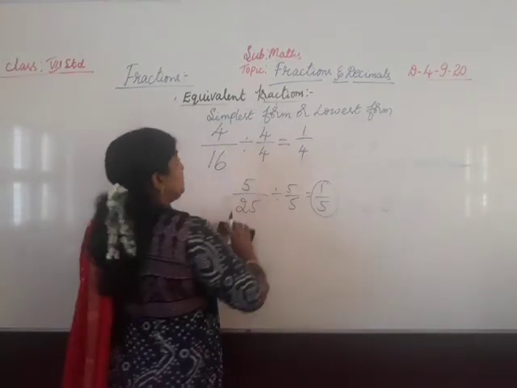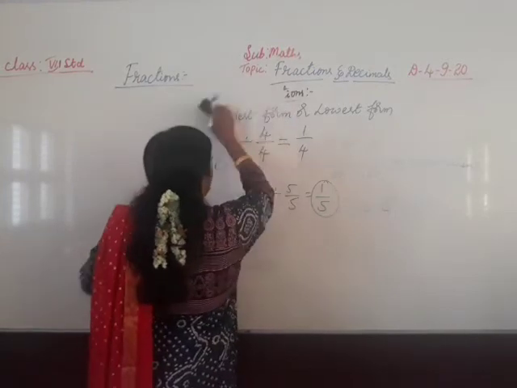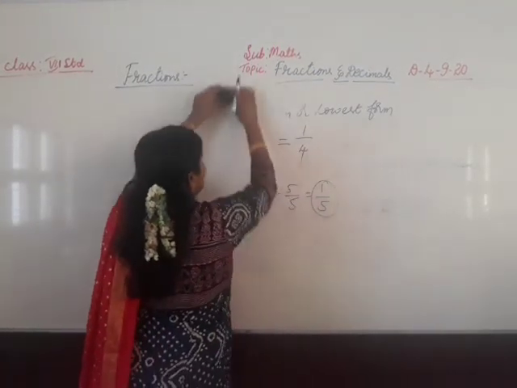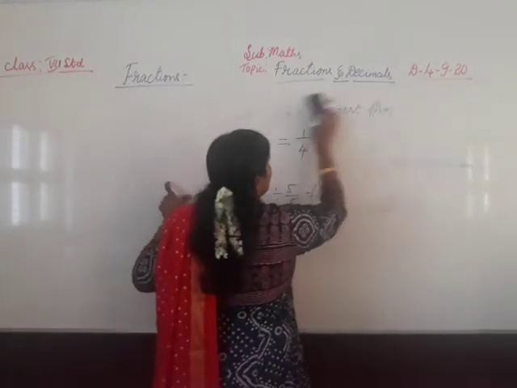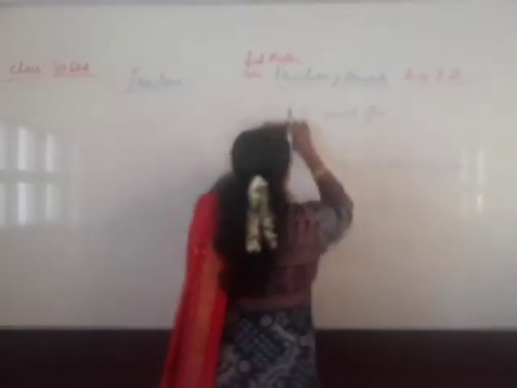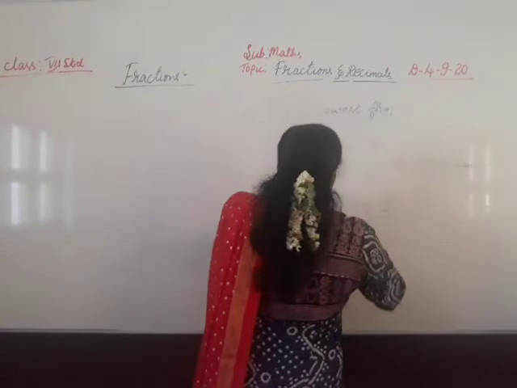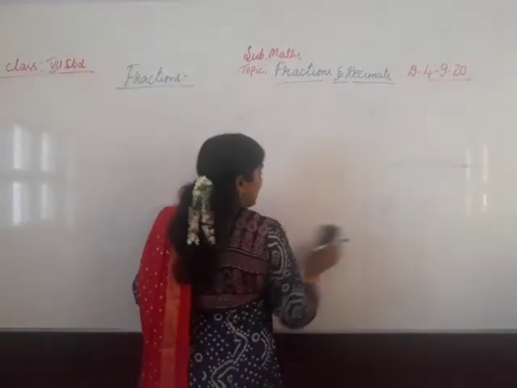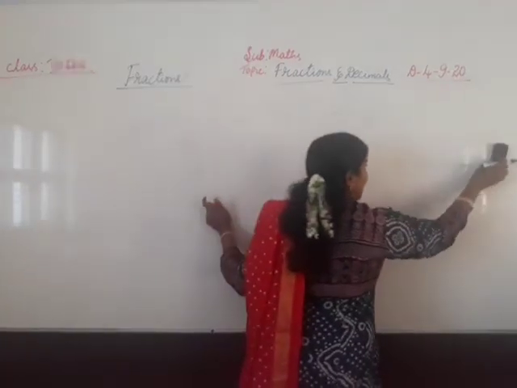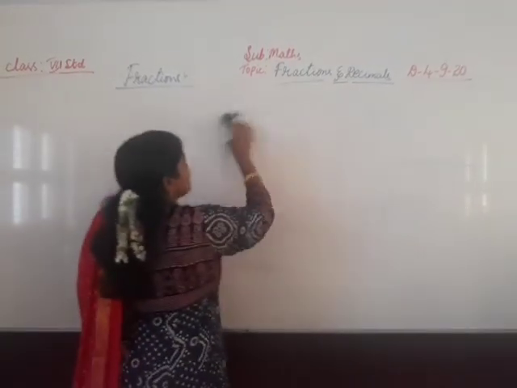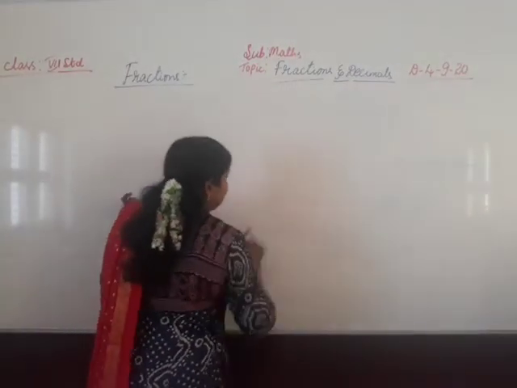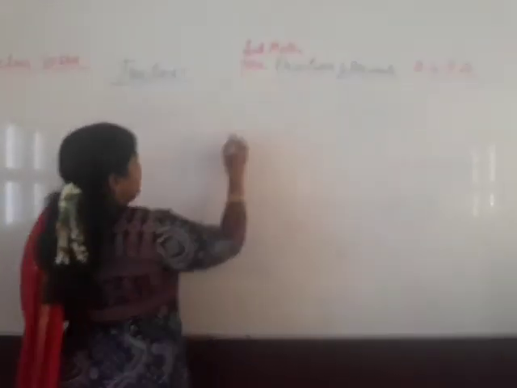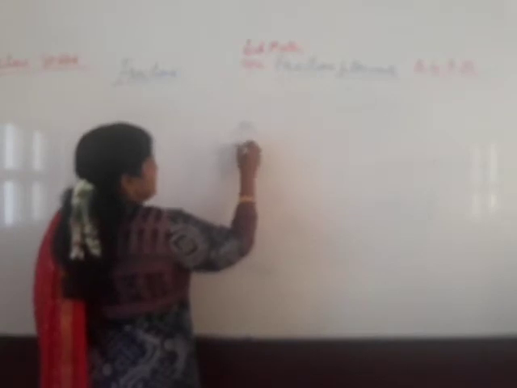So simplest form means we have to divide. To find the next equivalent fraction, we have to multiply both numerator and denominator by the same number. Whether we multiply or divide, we have to do it by the same number. For example, 50 by 60.